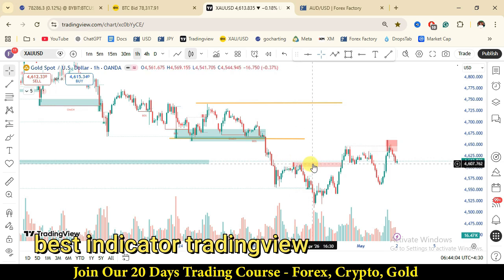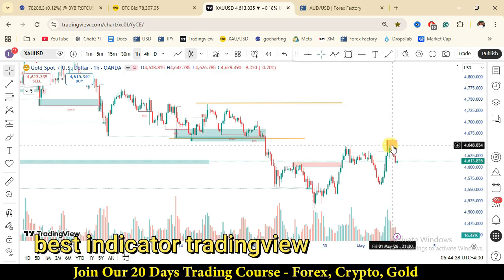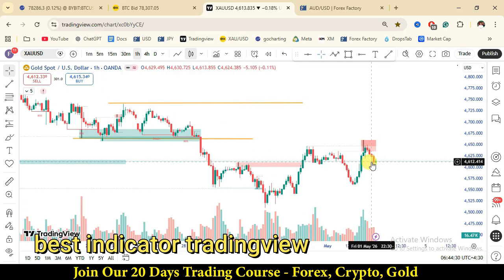Liquidity is the fuel of the market. If there is no liquidity, no one buys or sells. If you want to buy something, there has to be something to buy. If no one sells the product, you are not able to buy that product. So liquidity is like the fuel of the market.